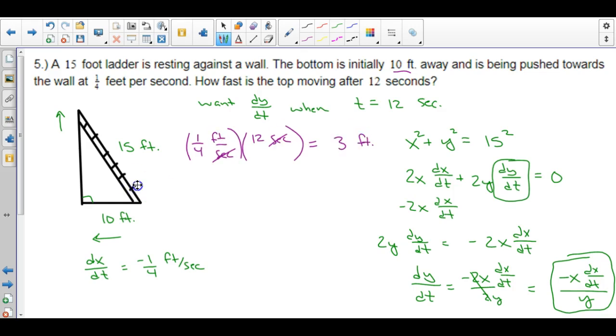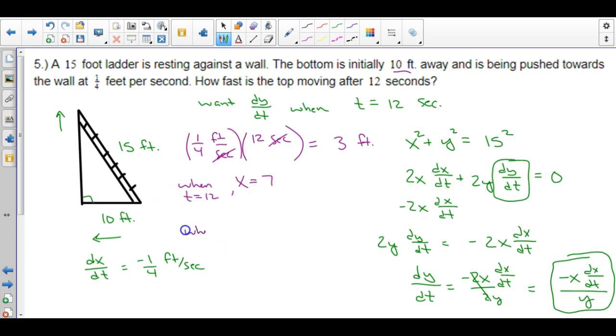So this ladder has slid 3 feet to the left. So the x value that we are going to use is 7. Again, we started at 10 feet. The ladder is moving in towards the wall, so I'm going to subtract 3 from that value, and we're going to end up with 7. So when t is 12, x equals 7.